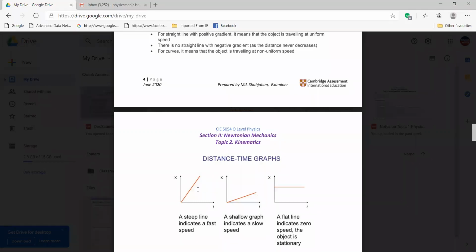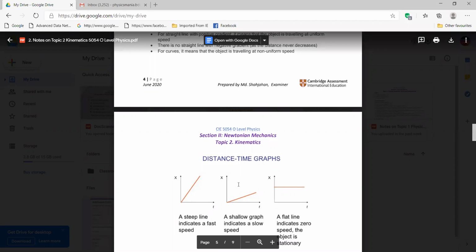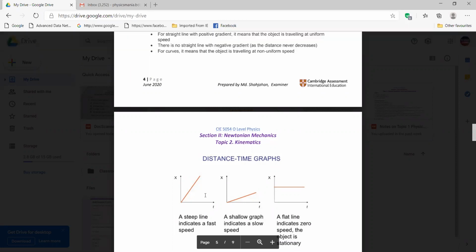So how are these two different? Both are constant speed, but there is a difference in gradient, right? So what is the difference? Can you tell me the difference between these two graphs?